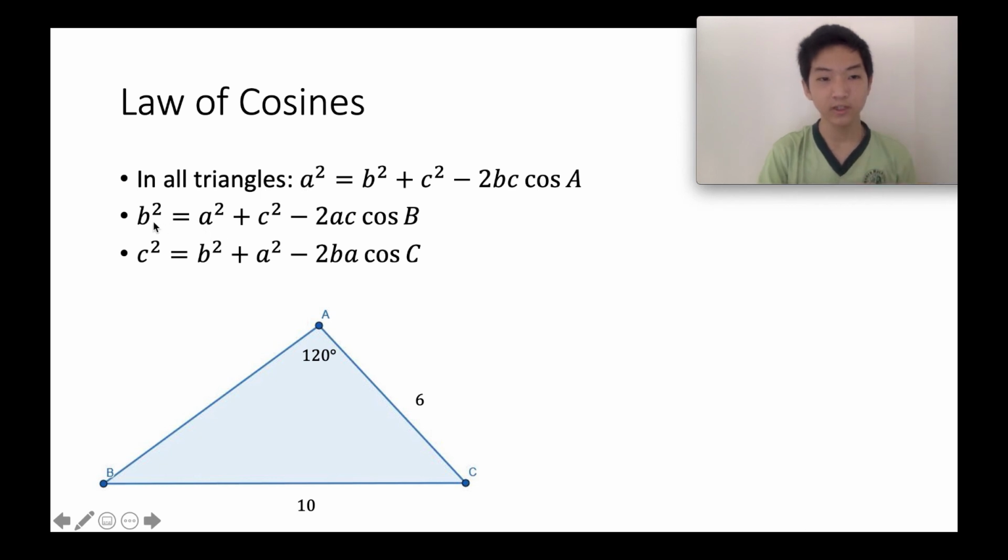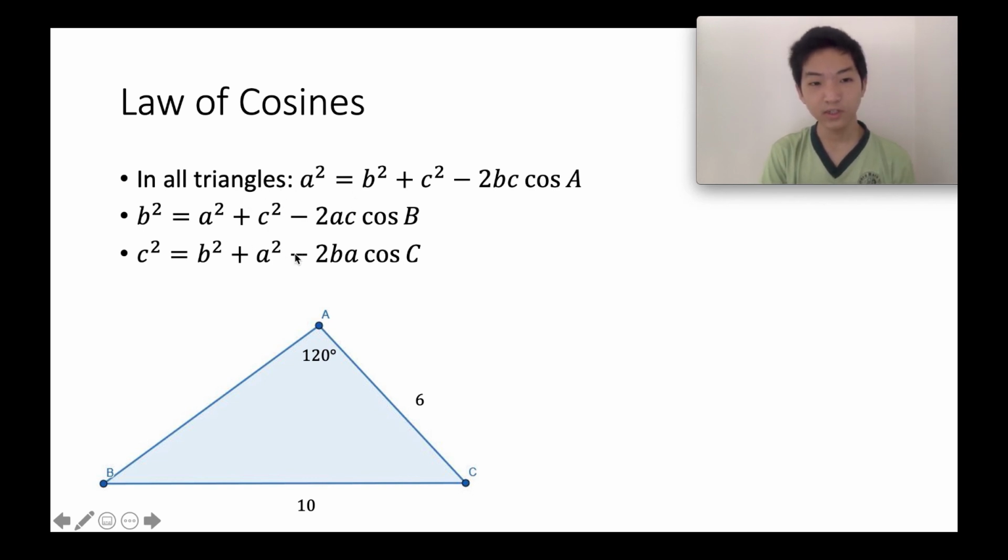So you can see here b squared equals a squared plus c squared minus 2ac cosine b, and c squared equals b squared plus a squared minus 2ba cosine c. So whatever side you put first, that's the angle you put in cosine. And then the other two sides, you go here, a squared plus c squared minus 2ac, or whatever sides you have.